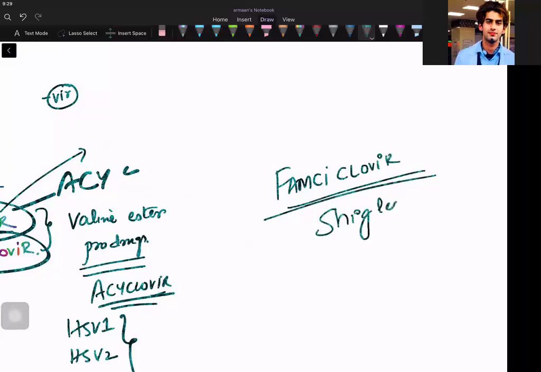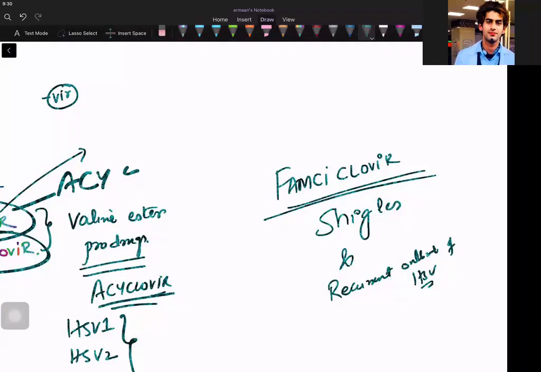It is basically an acyclovir compound which is used for shingles, and also for recurrent outbreaks of herpes simplex type 2. Your intestinal enzymes are going to be converting these products. I thought to give you this drug also so that it increases your knowledge. Okay, fine.